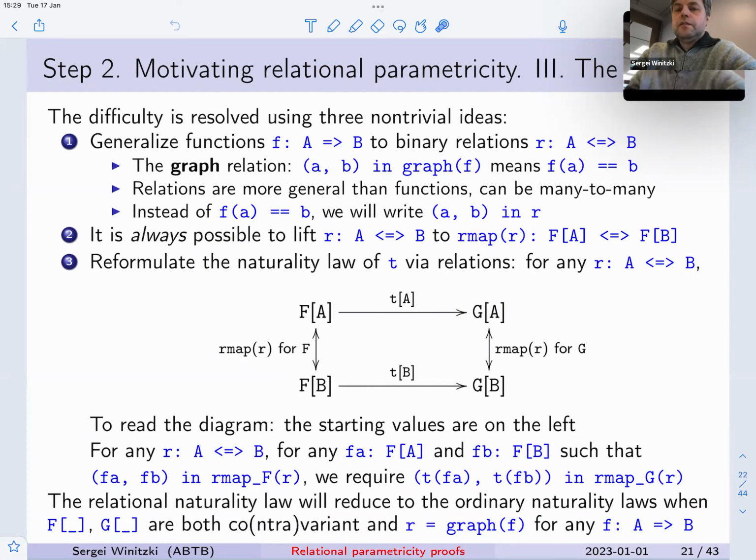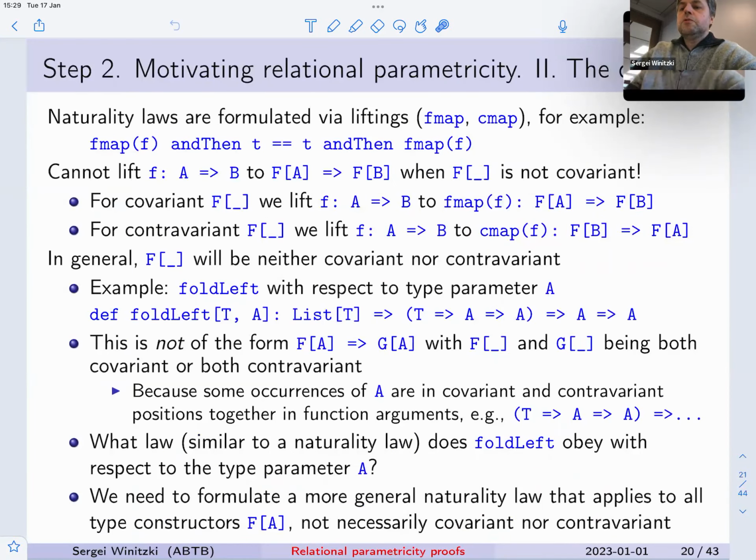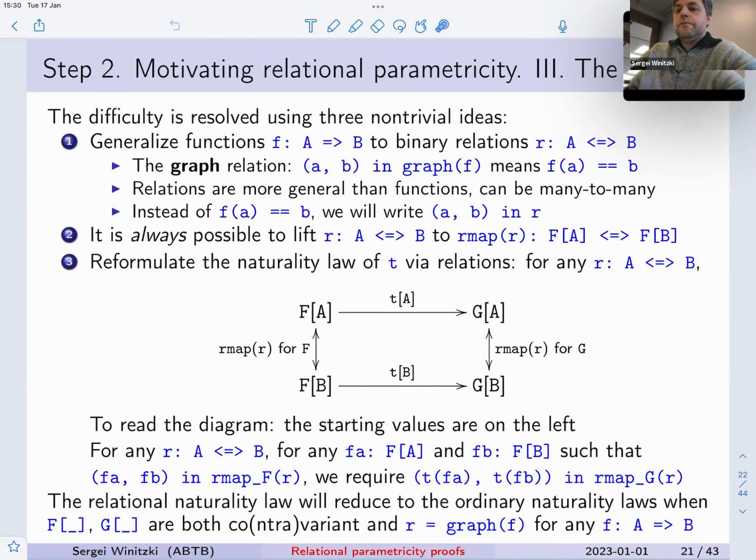And final third step here is that instead of formulating the naturality law via functions, as we did before, we need to formulate it via relations. So we write a relational naturality law, which is very similar, except that we don't have functions anymore here and here. We still have functions here.